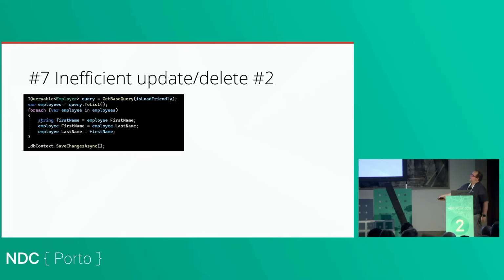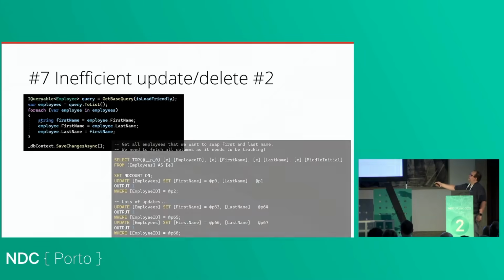Now, traditionally, if we wanted to update, say, all of the employees, and here just for fun, what I did is just swap the first name and last name of the employee. Imagine that we're trying to set everyone to be active, or update something for all of the employees.